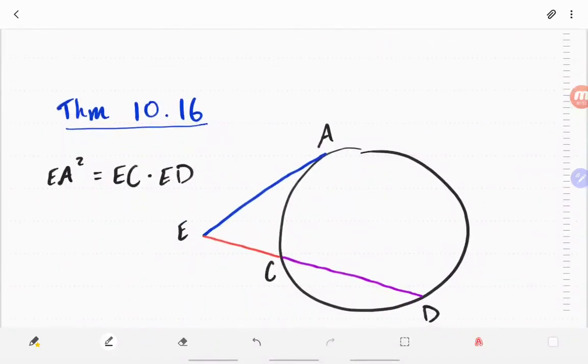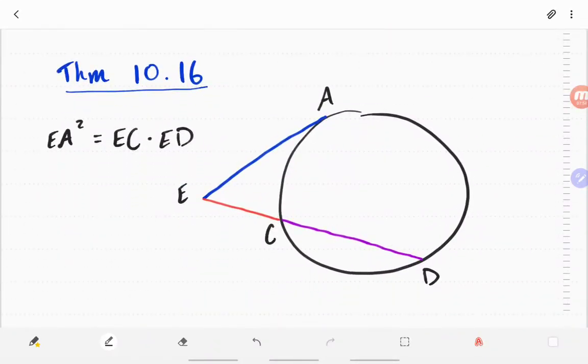All right, our next theorem is when we've got a tangent segment, we see that EA here, and a secant segment, ED, that they share a common endpoint. That endpoint is E. And theorem 10.16 says, whenever you've got a tangent segment that is sharing an endpoint with a secant segment, you can solve for individual parts of these segments by setting up this equation here, right?